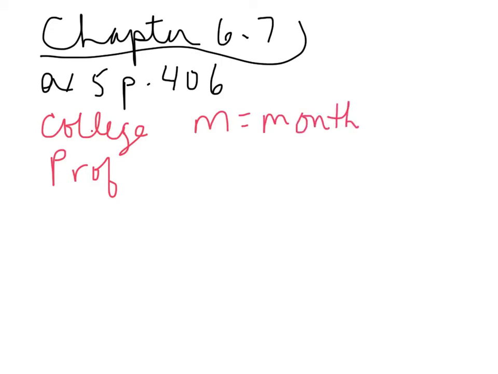They ask you the number of college hats sold is represented by, so college, is 6M plus 3. And that's a linear expression there.